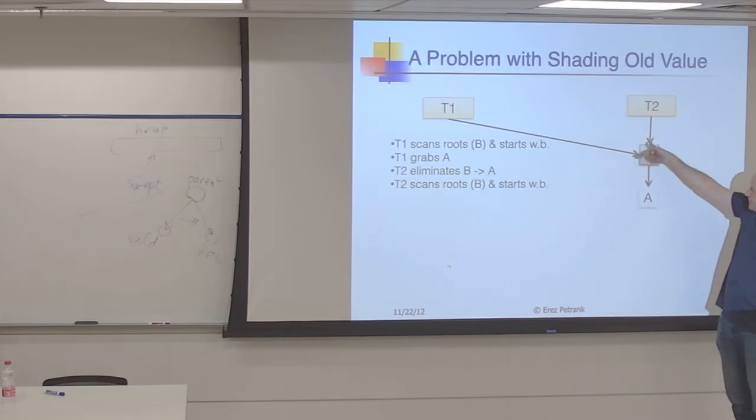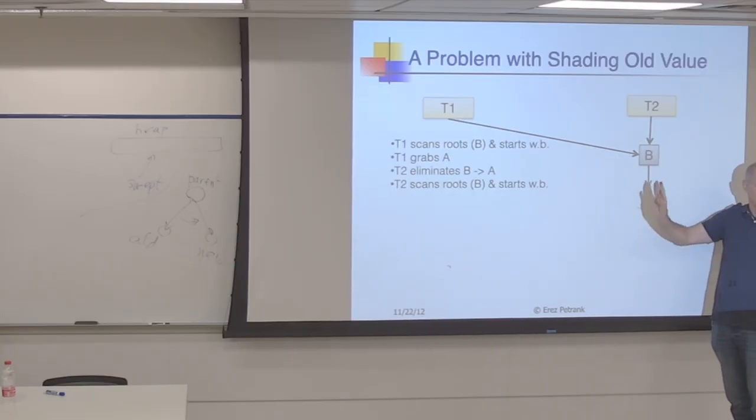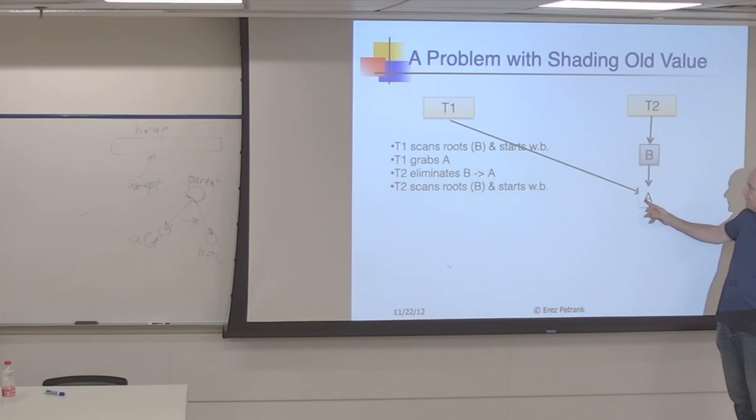Now T1 is going to move its local root to A. It already shaded its root, now it's going to move its pointer. When you move a local pointer, no write barrier is executed, so you don't gray anything. So it moves to here.